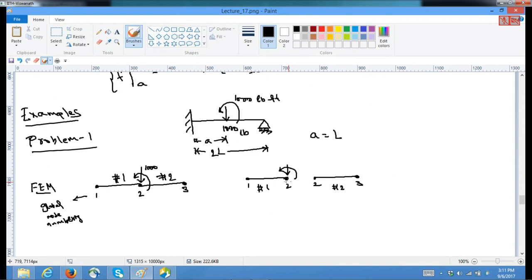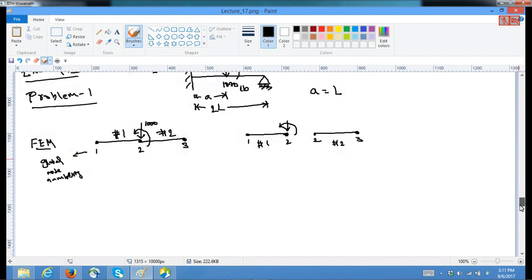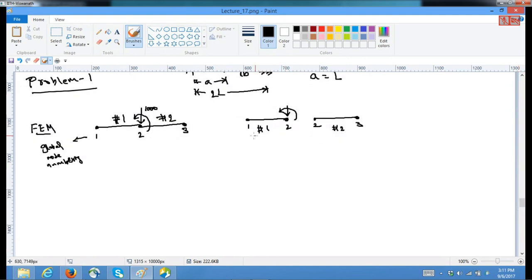I'm appearing here and there, but you cannot put it twice because that assumes that we are loading it twice, which is not true.